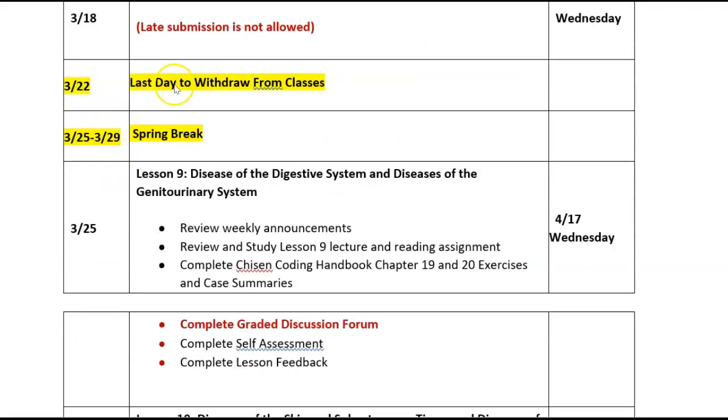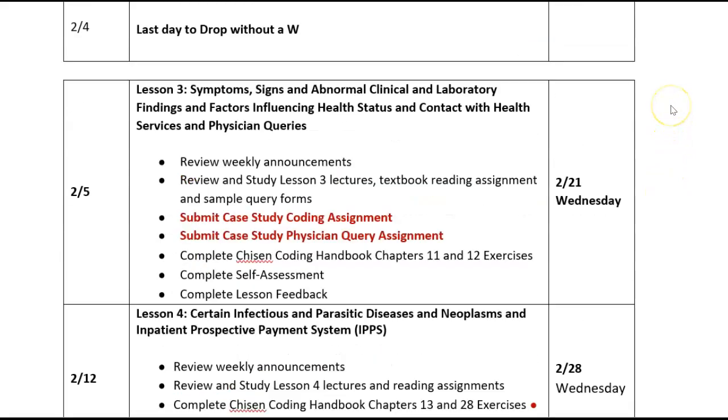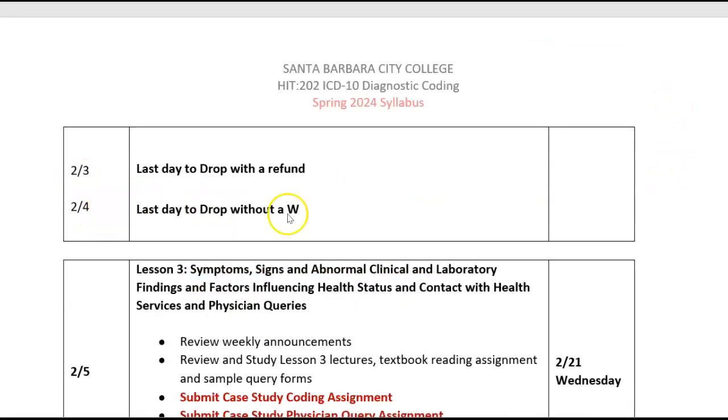I do have important dates, the last day to withdraw from classes, of course, spring break. And if you go up here for February 3rd and the 4th, these are the last day to drop with a refund, last day to drop without a W.